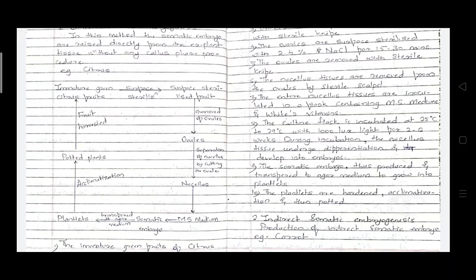After sufficient development of shoot and root, they are transferred into pots. Then they are slowly hardened and acclimatized, so they can be potted. So this is direct somatic embryogenesis.